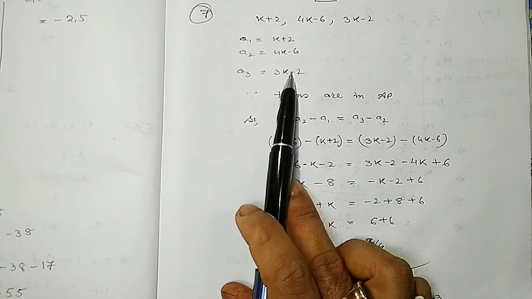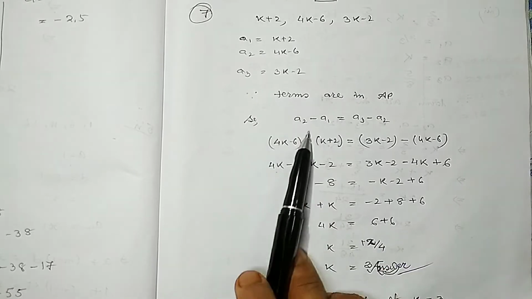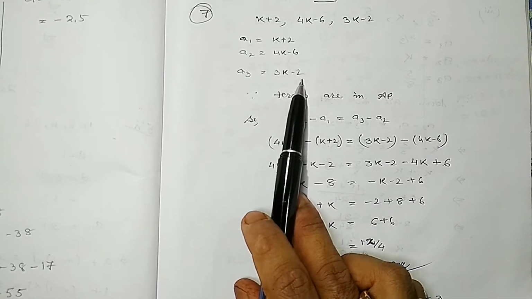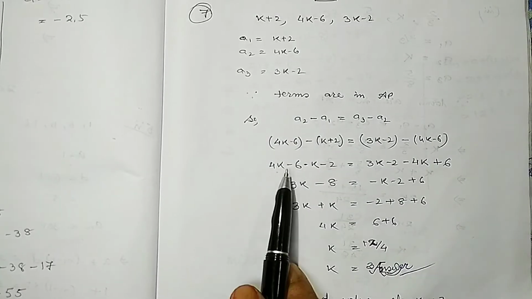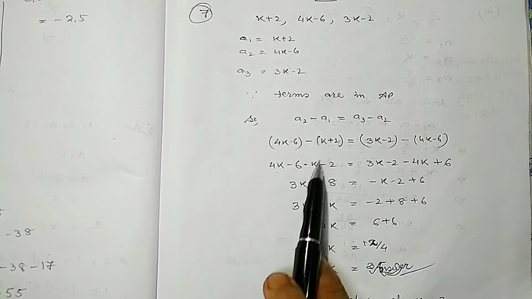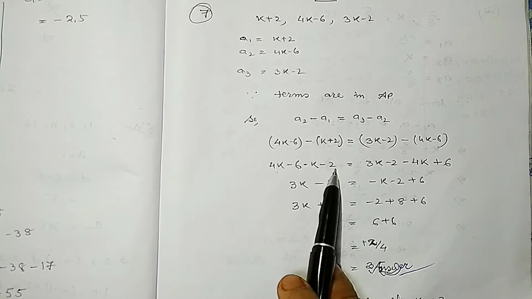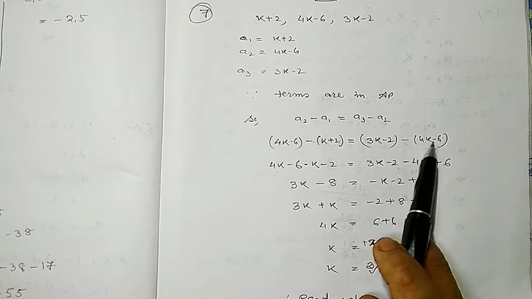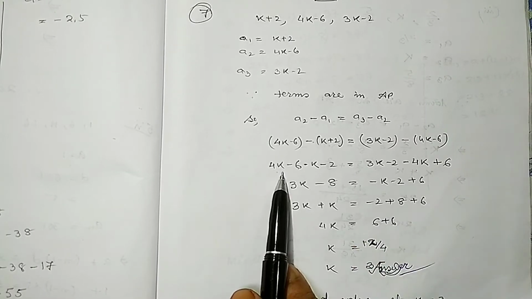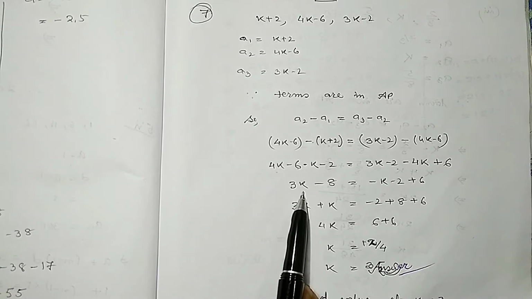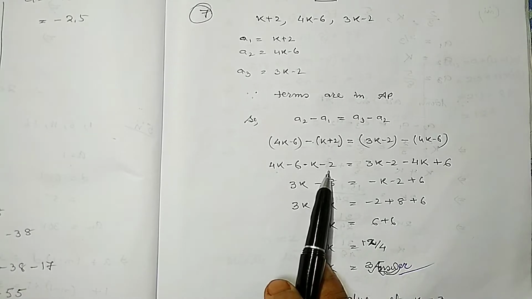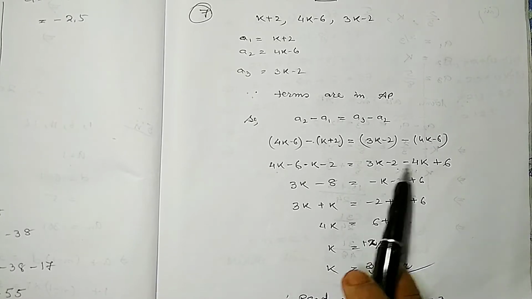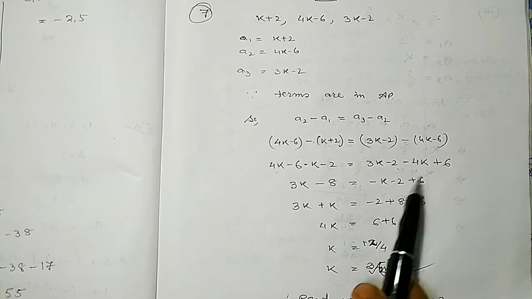What is a2? 4k minus 6 minus (k plus 2) equals a3 minus a2, 3k minus 2 minus (4k minus 6). Now 4k minus 6 minus k minus 2 equals 3k minus 2 minus 4k plus 6. So from here 4k minus k is 3k, minus 6 minus 2, you have to add, it becomes minus 8, equals minus 4k plus 3k, it will be minus k, minus 2 plus 6.